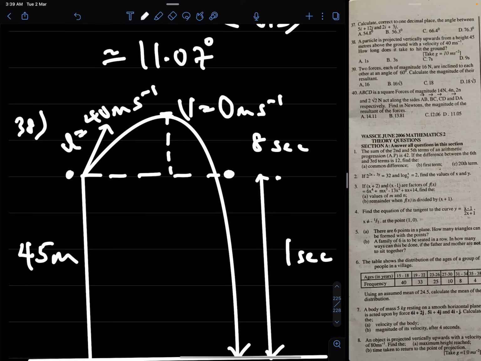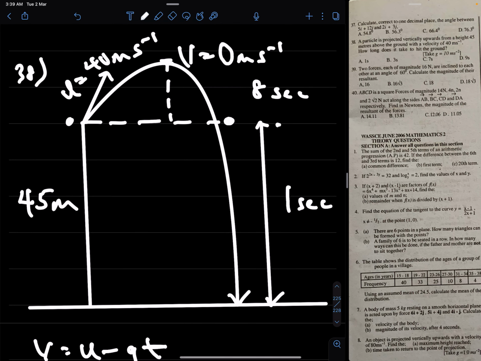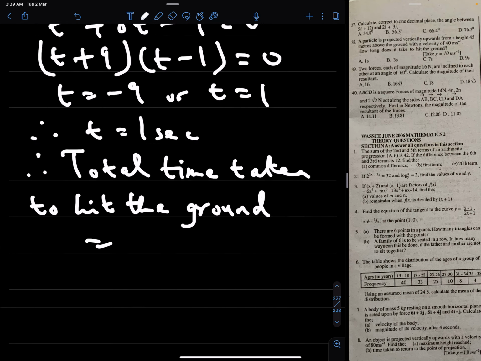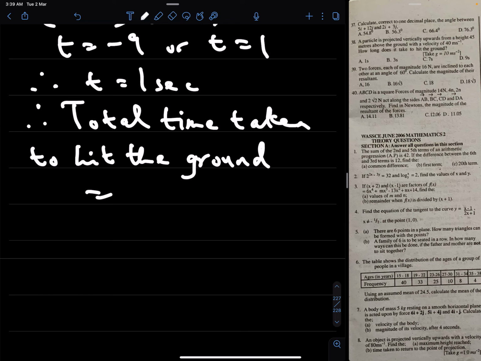From the projection plane to the ground is 1 second. That means the total time taken to hit the ground from where it was projected is going to be 8 plus 1, which is 9 seconds.